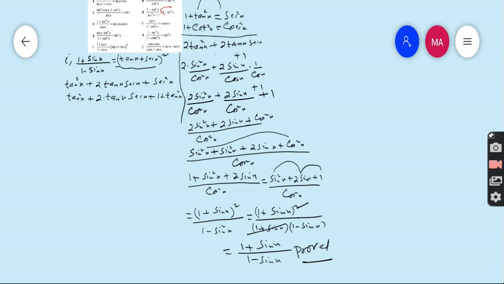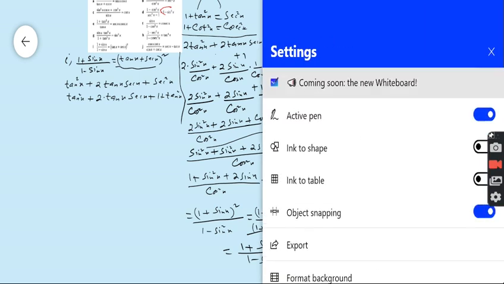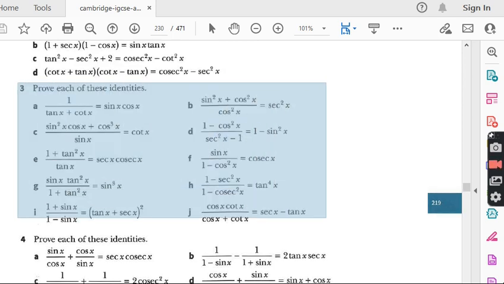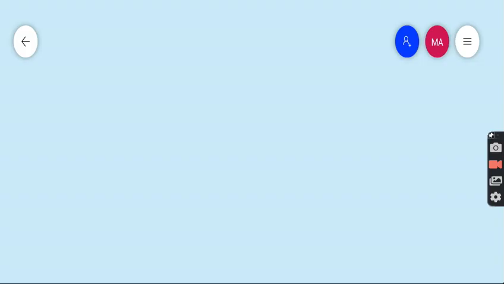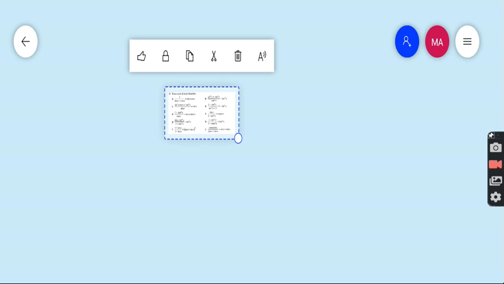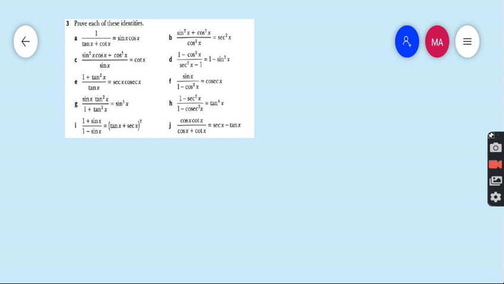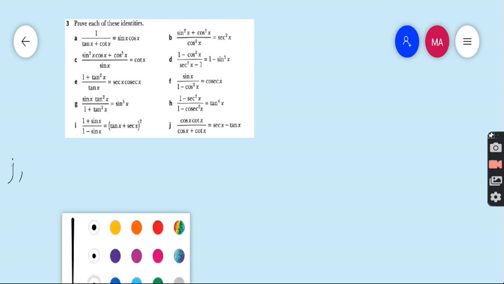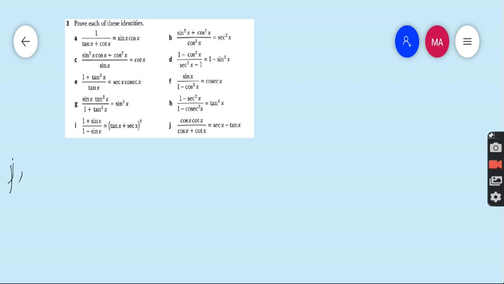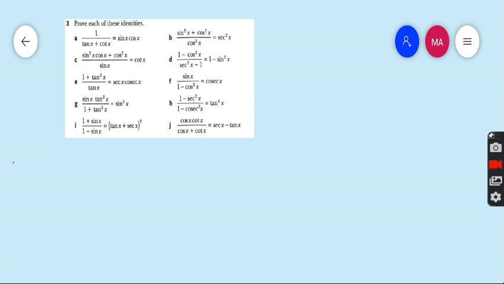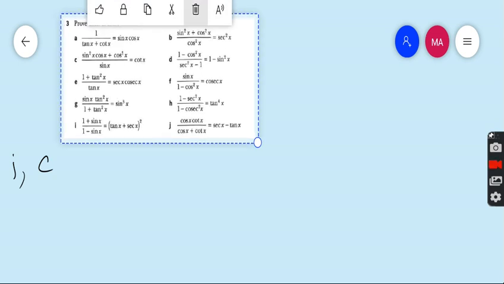Move to last part J. What is part J? Part J is cos. Kindly wait.